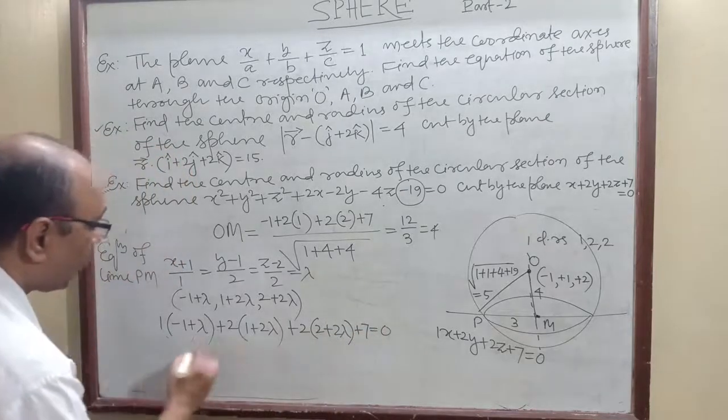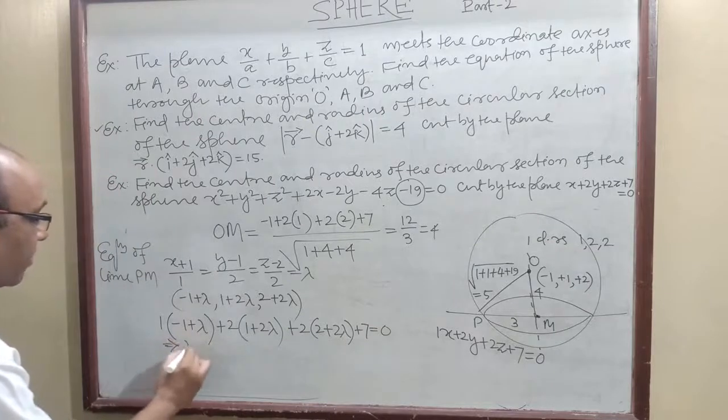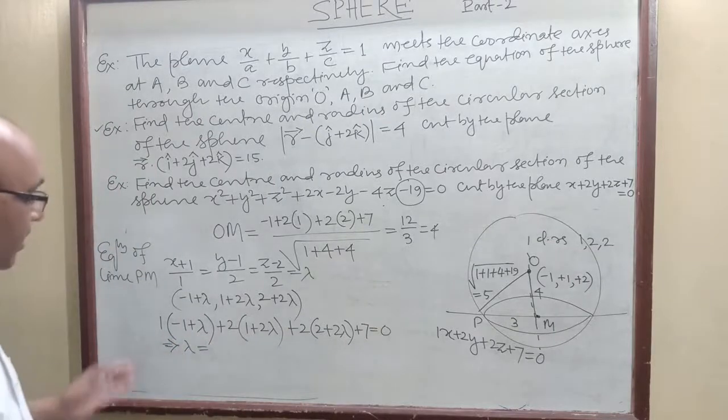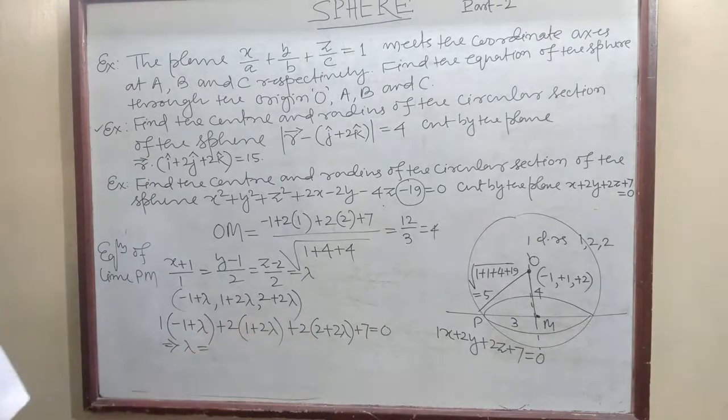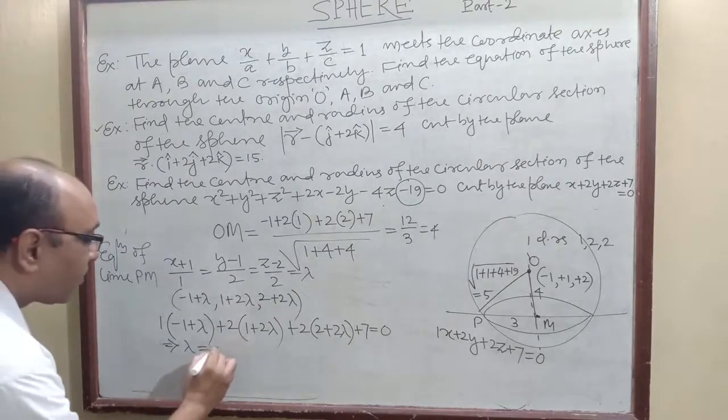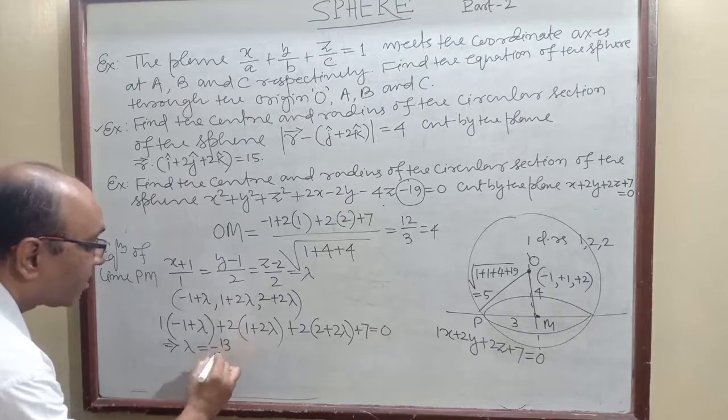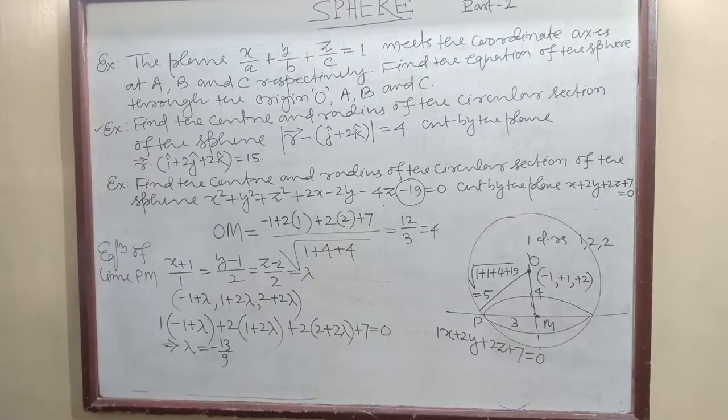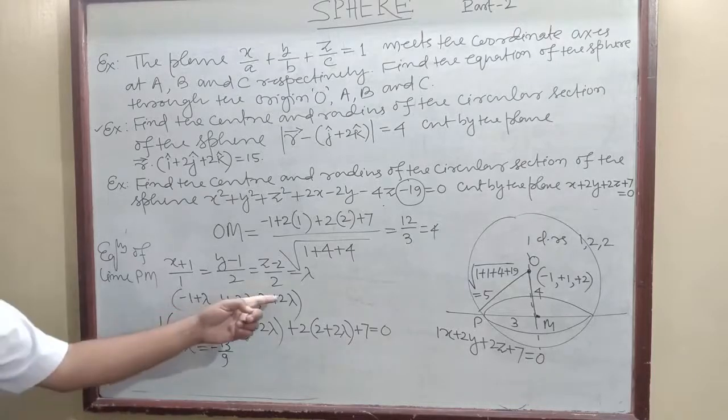From here we find the value of lambda. You will simplify it and get the value of lambda. How much is it coming? Minus 13 by 9. This is the value of lambda.